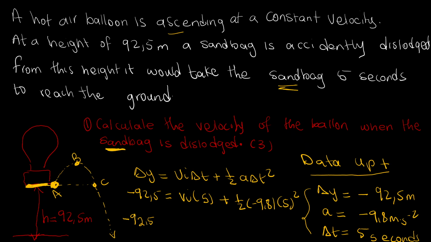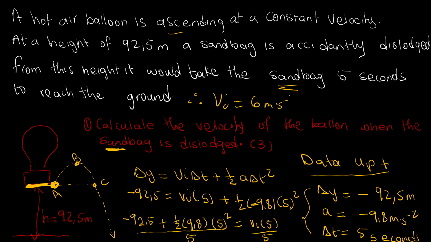Remember we have a negative, so this guy will come to this side, and this will be positive half of 9.8 times 5 squared, which equals v initial times 5. To find the velocity, we need to divide everything on this side by 5. You just have to punch that on the calculator, and you'll find that your initial velocity is 6 meters per second.